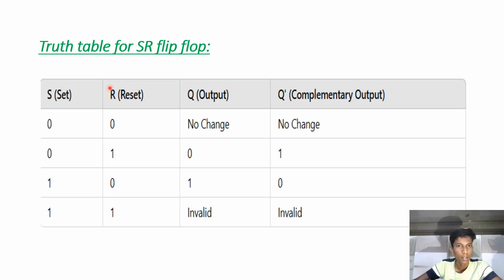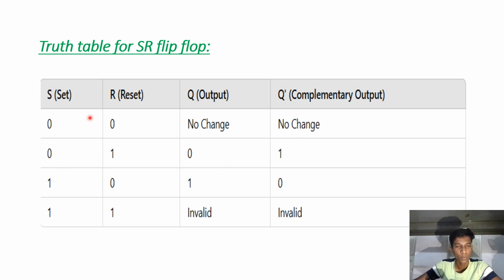Truth table of SR flip-flop. If S is equal to 0 and R is equal to 0, the output Q has no change, and Q bar, the complement, also has no change. If S is equal to 0 and R is equal to 1, the output will be 0, which is the reset state, and the complement Q bar is 1.